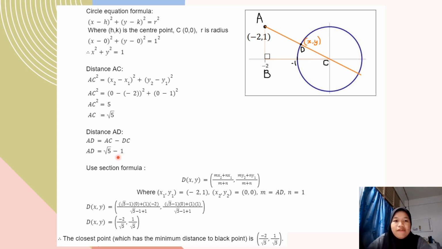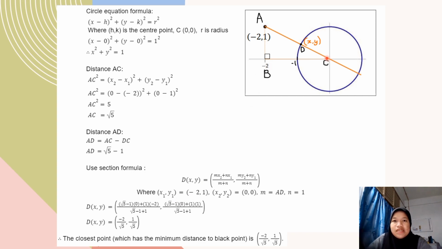And lastly, we have to use the section formula because we have two sections here. Point D, (x, y), equals (mx2 plus nx1) over (m plus n), and (my2 plus ny1) over (m plus n), where (x1, y1) is (negative 2, 1) and (x2, y2) is (0, 0).